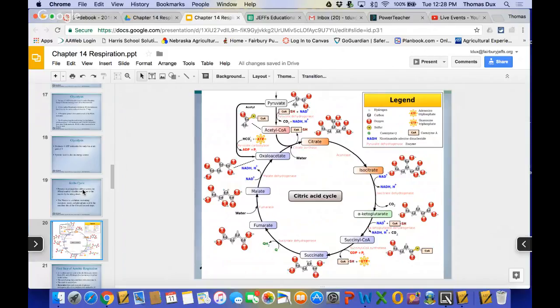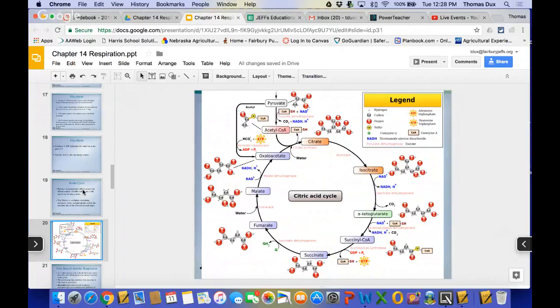Essentially what we're going to be doing is taking the pyruvic acid that we made through glycolysis and turning it into NADH and FADH. Those two are carrier molecules.